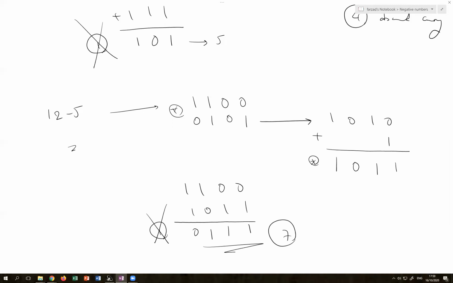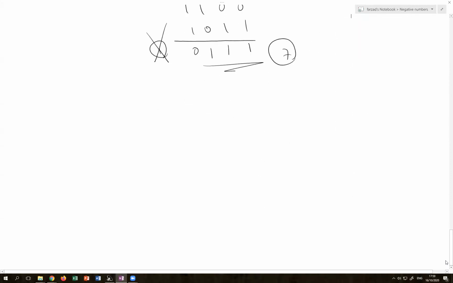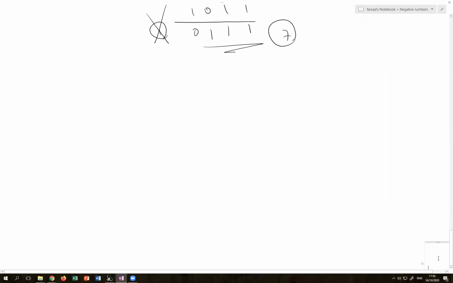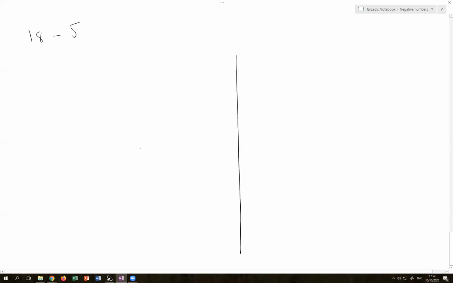So, last example that I want to give you is another example, but in two techniques. For example, I want to subtract 5 from 18. Two methods. Here is ones, here is twos.